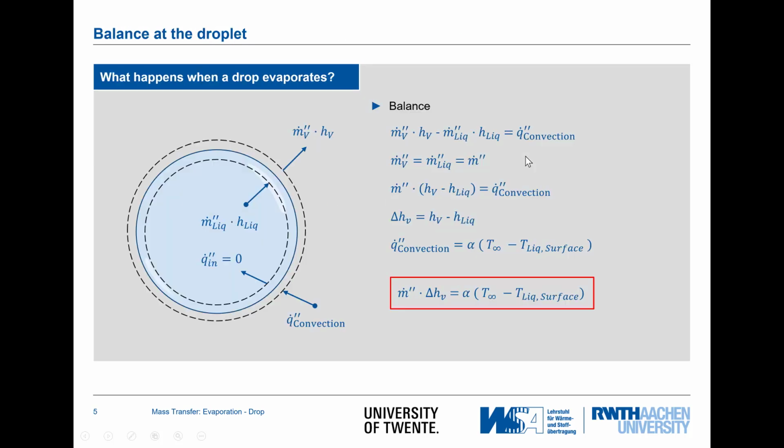And this times the difference in vapor and liquid enthalpy equals the specific heat flow rate, and we can express this difference in enthalpy as delta h_v, which is the enthalpy of vaporization, and q dot convection we can express as alpha times delta T.